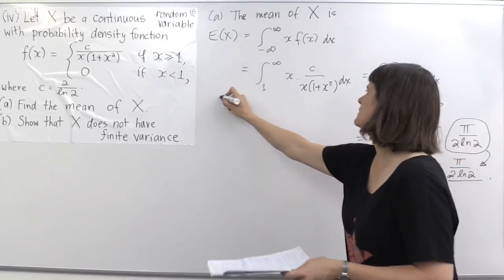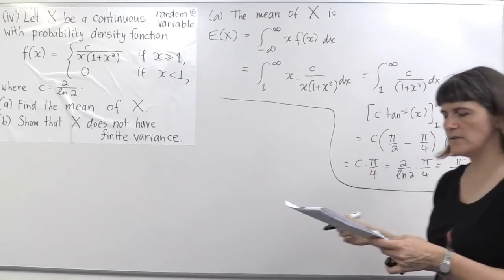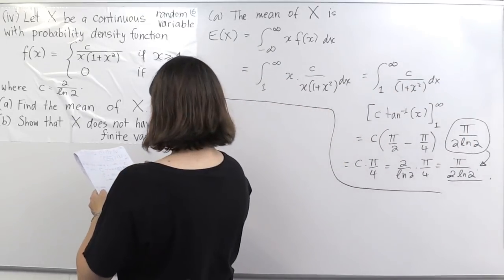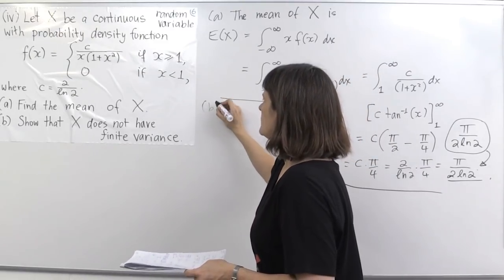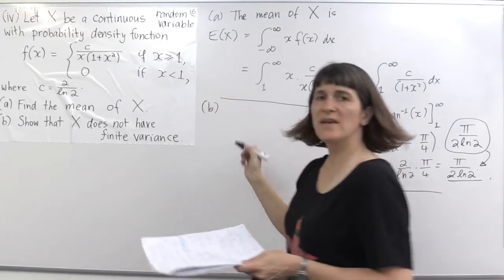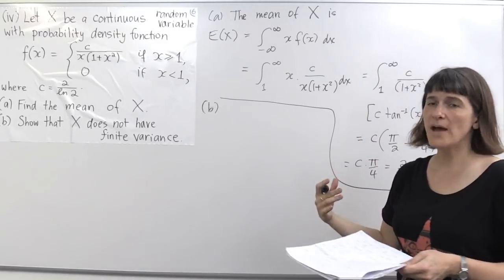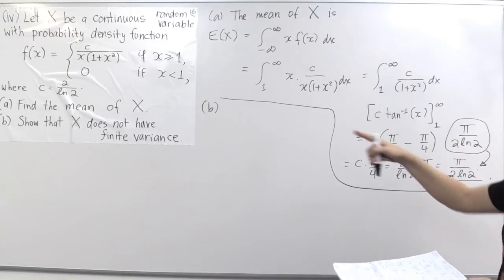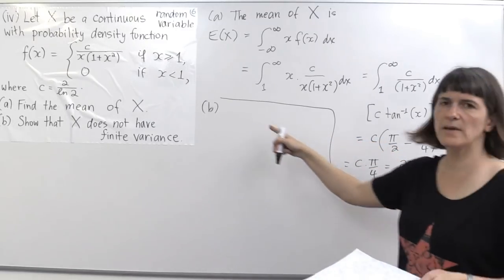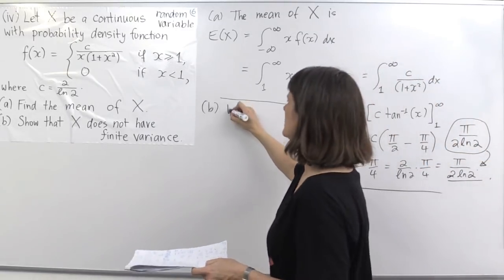I'll try and do the variance in the same place. For the variance, first we calculate the expected value of x squared, and then we subtract the square of this mean, which is a finite value. So the variance will be infinite if the expected value of x squared is infinite.